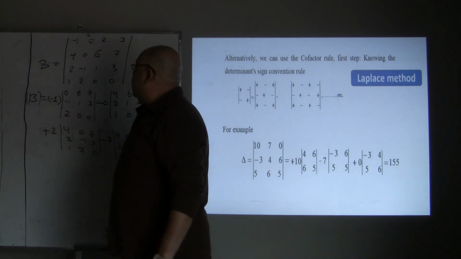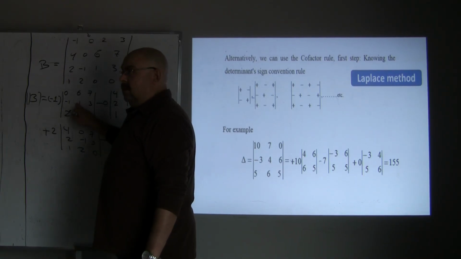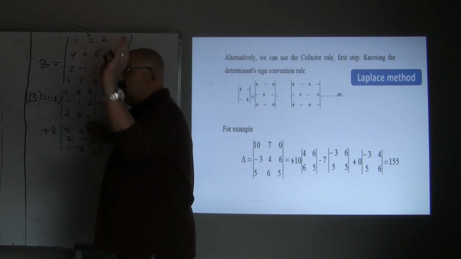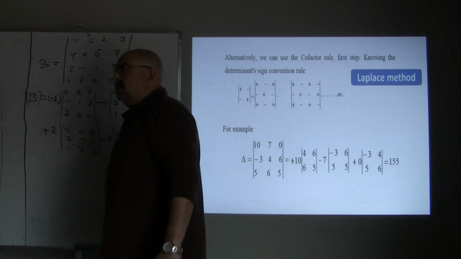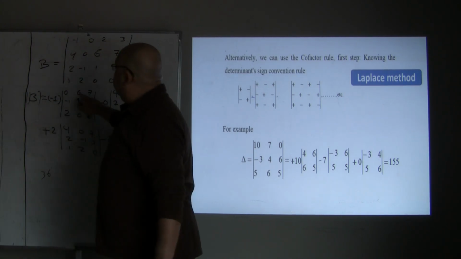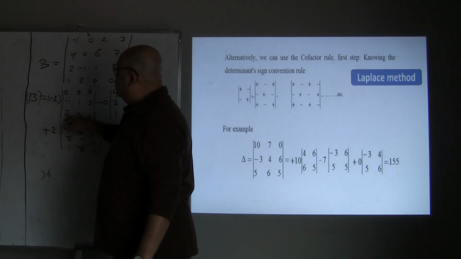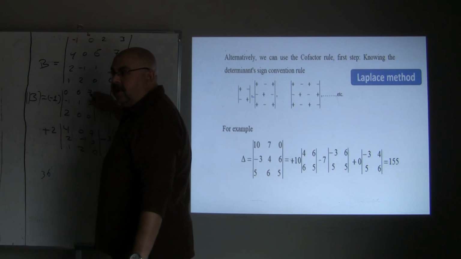Me and you. I will start: 0 times 1 times 0, which is 0, plus 6 times 3 times 2, which is 36. Then negative 1 times 0 times 7, which is equal to 0, so I'm not going to write it.